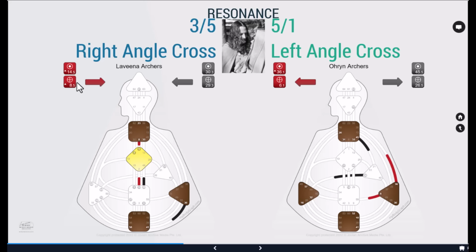It is important that you are empowered as yourself and in support of Oren, because Oren, one of the reasons that you were reincarnated as a left angle cross is to clear up old karma with other people. And Lavina happens to be one of those people, as you know, from a past life regression. Also, we'll show you mechanically in the body graph why that is.